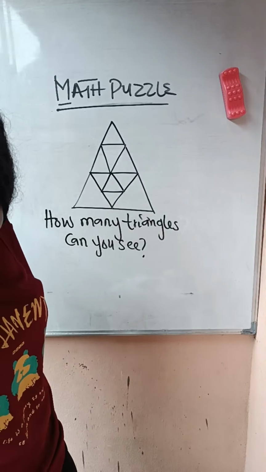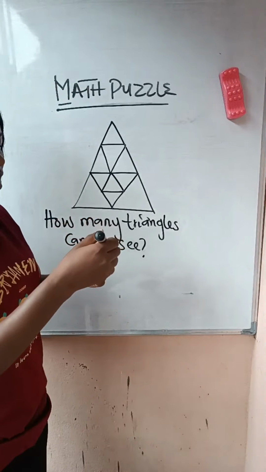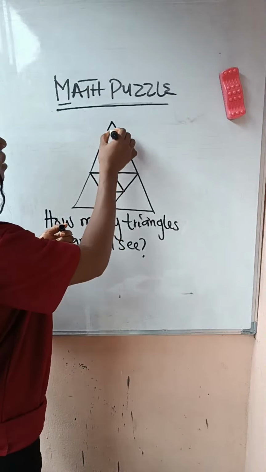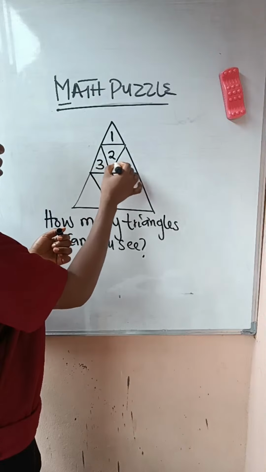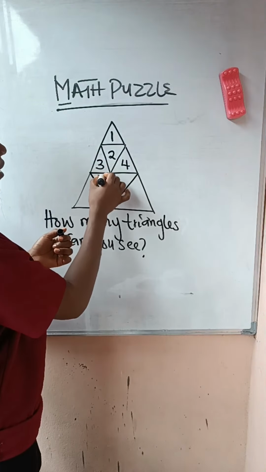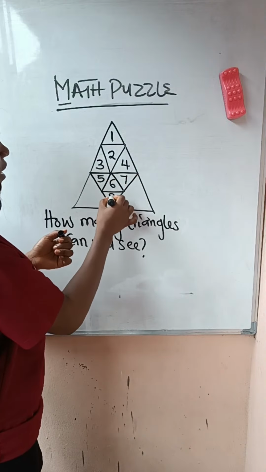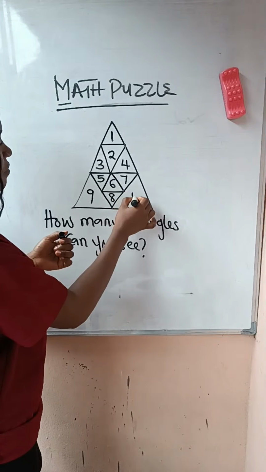Okay, let's do it together, everyone. So I have 1, 2, 3, 4, 5, 6, 7, 8, 9, 10.